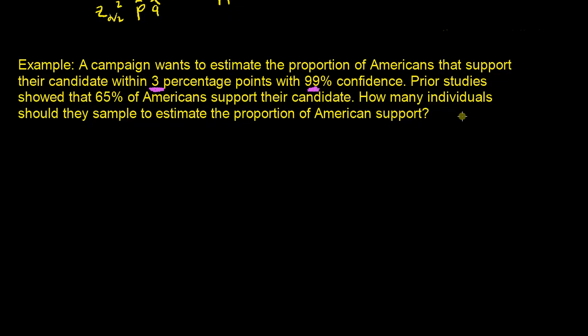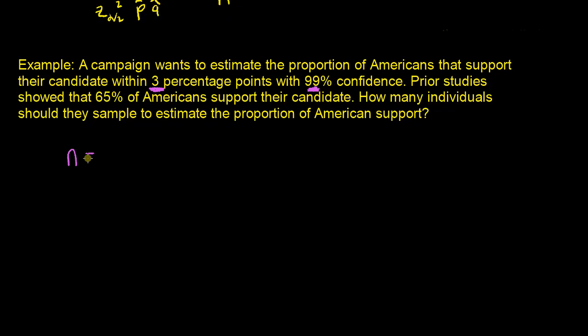That's telling us something about what z alpha divided by 2 is, what the critical value will be. Prior studies showed that 65% of Americans supported their candidate. So that's the prior estimate of what p hat is. How many individuals should they sample to estimate the proportion of American support?